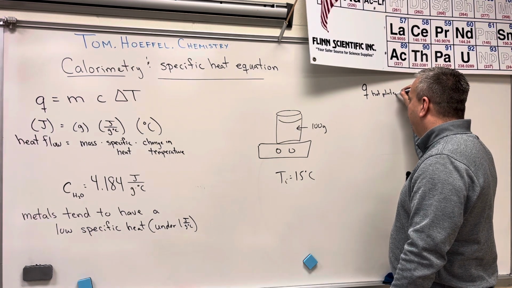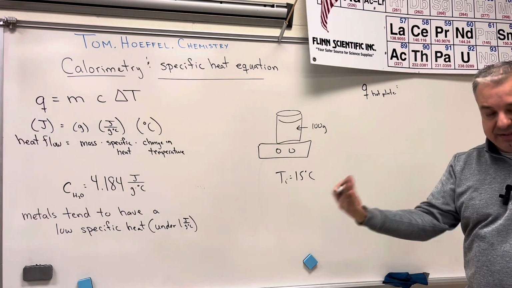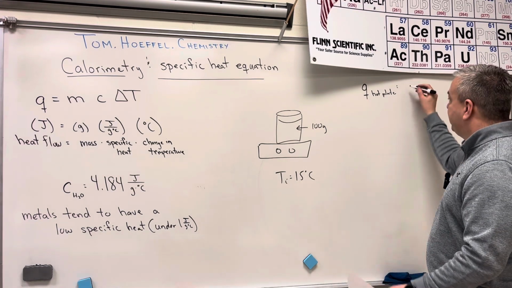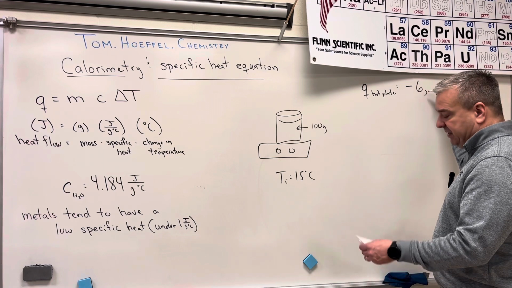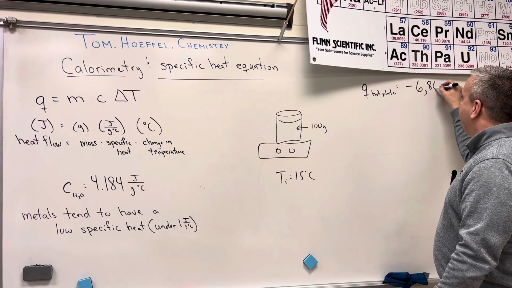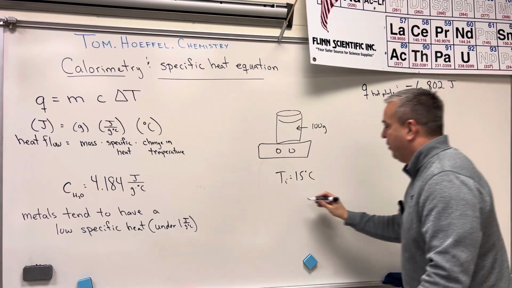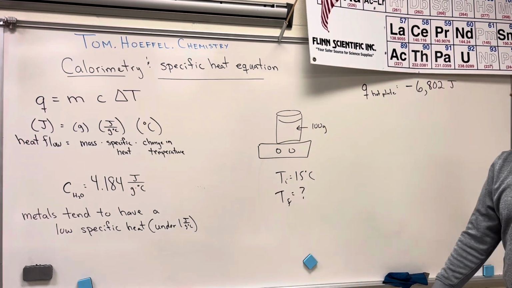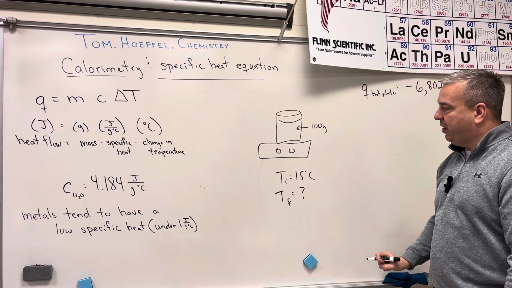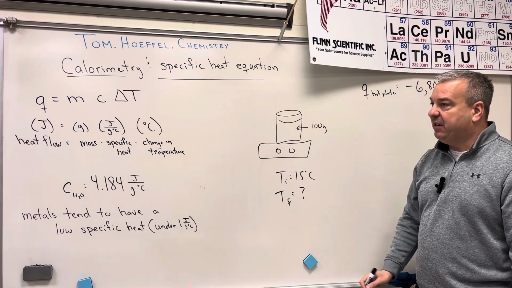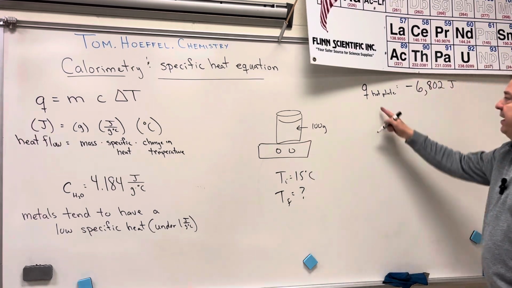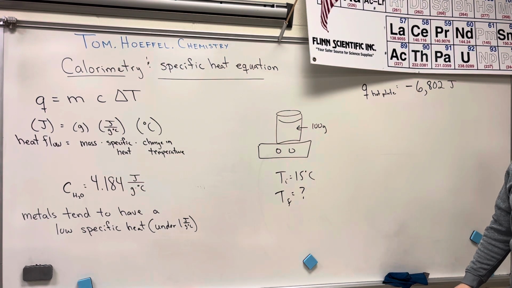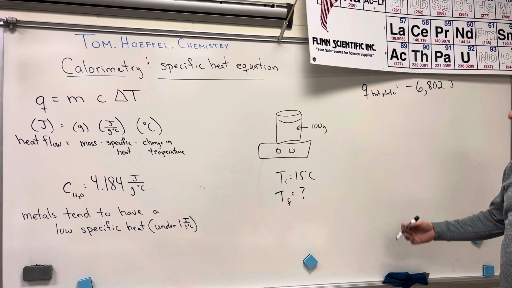But the information that I'm going to give you is the heat flow of the hot plate system. And the heat flow of the hot plate system is going to be negative 6,802 joules. And the question that I'm going to ask you is, what is the final temperature? So I got this beaker of water with 100 grams inside it. It's at 15 degrees Celsius. I turn on the hot plate, and the hot plate releases 6,802 joules of energy.